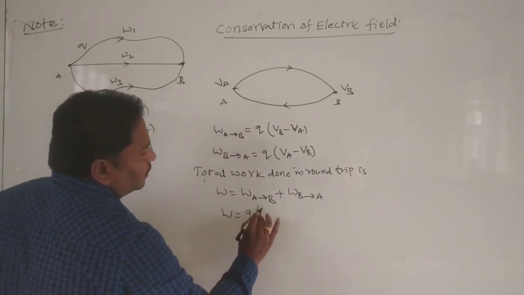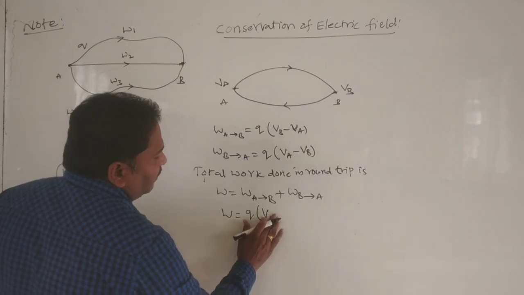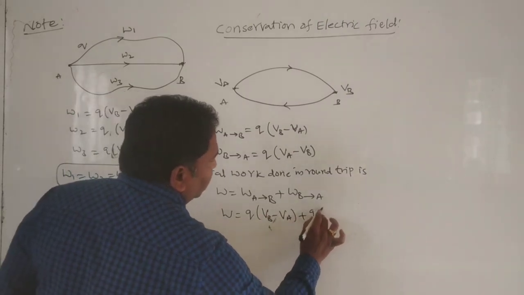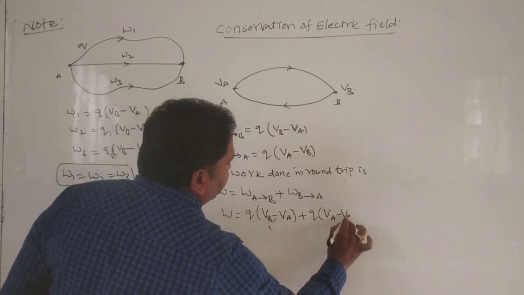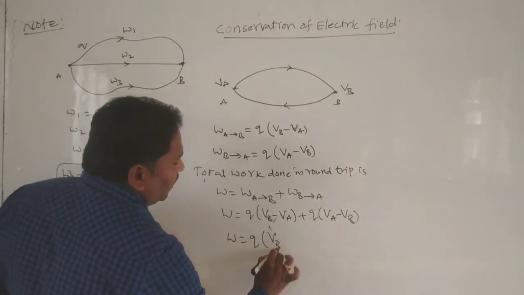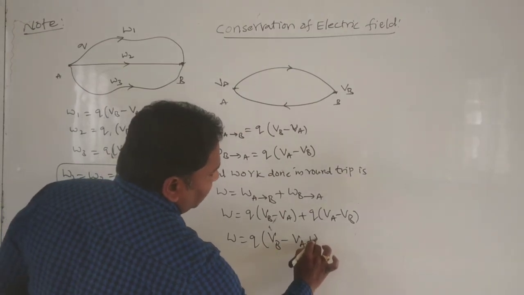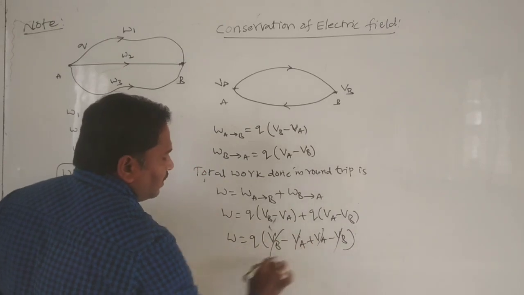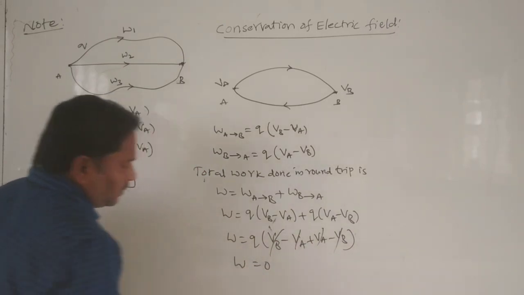Q into VB minus VA, plus work done B to A, Q into VA minus VB. So work done is equal to Q into VB minus VA plus VA minus VB. Both cancel, so work done is equal to 0.